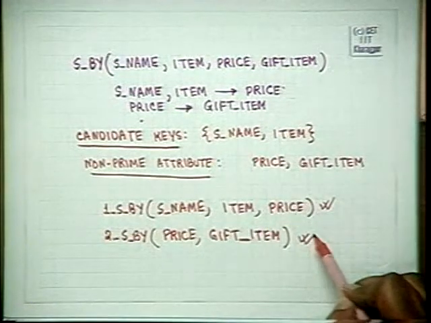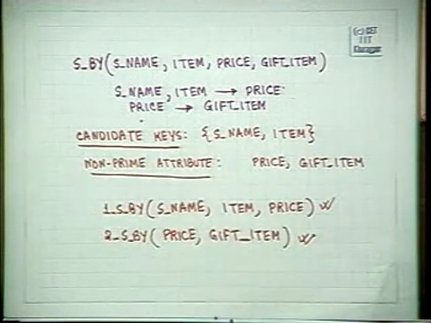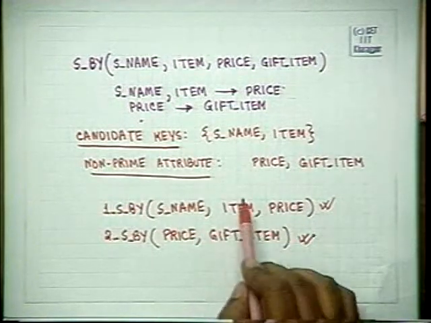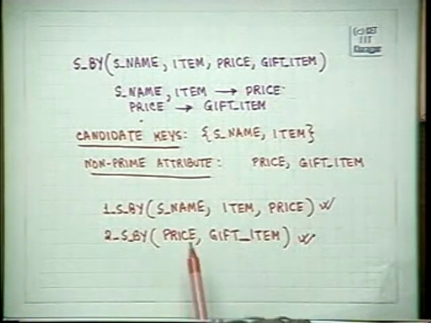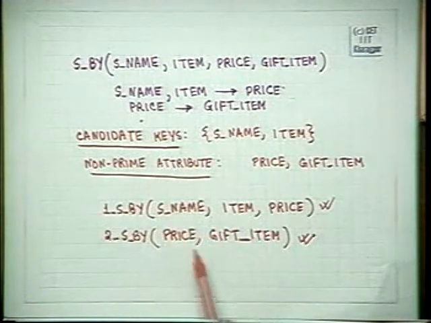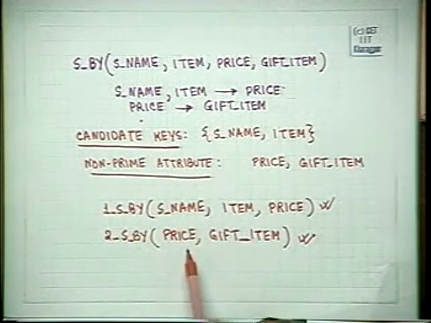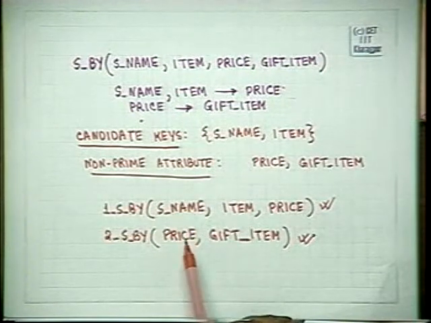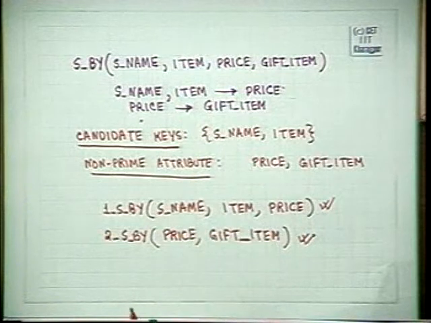This one is in 3NF because this is the only one which holds here and price is a super key. In fact, both of them are in BCNF as well, because in both cases this one is a super key. So this is not only in 3NF, it is in BCNF, and it is also a dependency preserving decomposition.